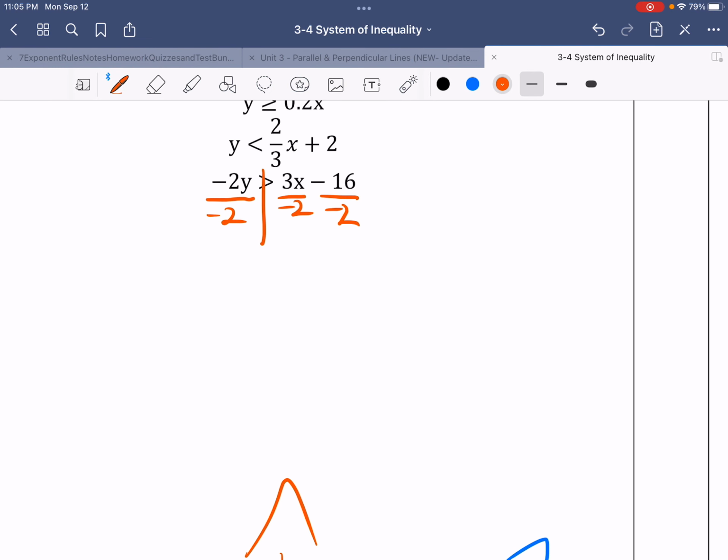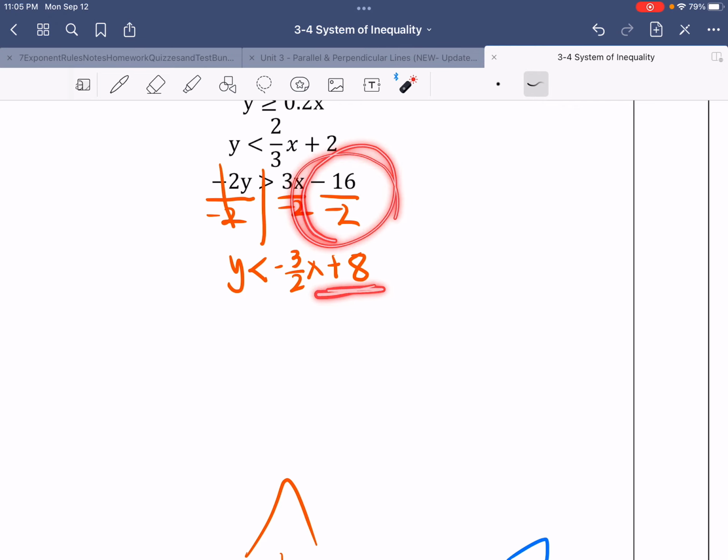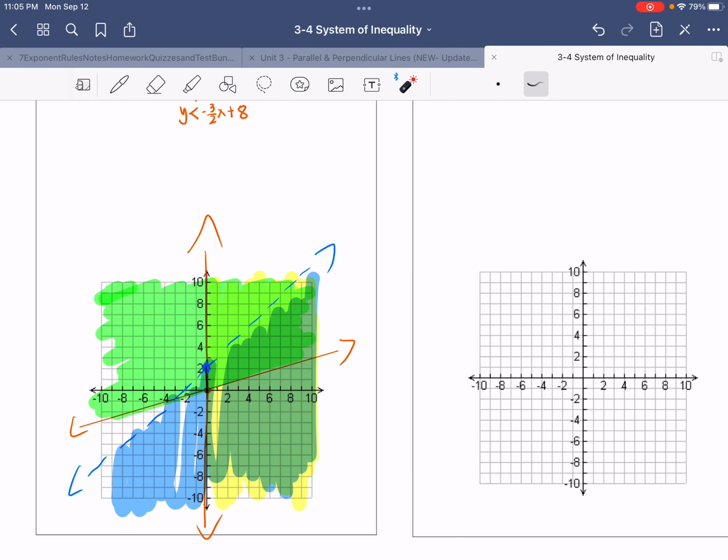So let's divide by -2. This will disappear. Y is less than. Remember, whenever you divide by a negative number, the inequality flips, okay? So -3 over 2x plus 8. This one becomes positive, all right?